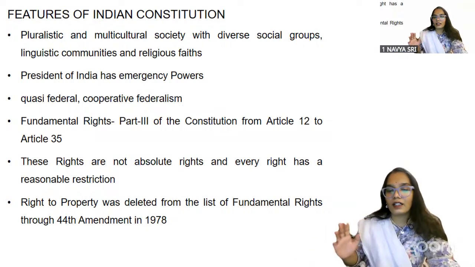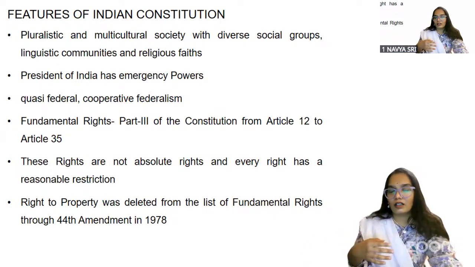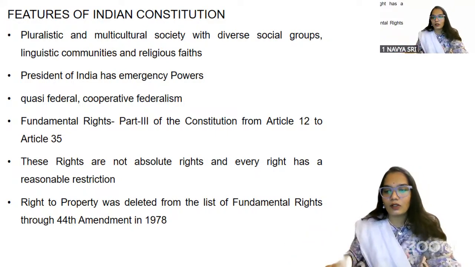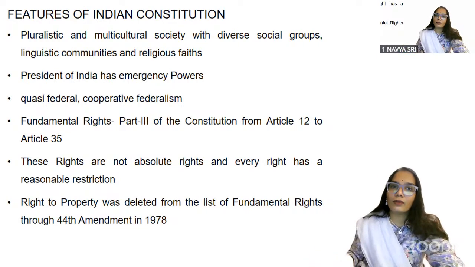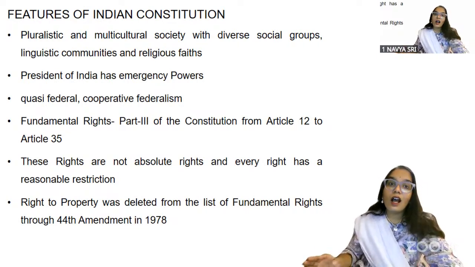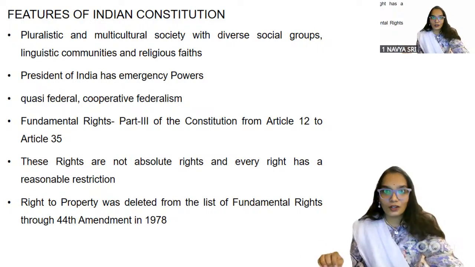So the 42nd and 44th Amendment Acts, you have to read them. Of course, we'll be reading them in the coming lectures, but if you have time, please go through the 42nd and 44th. You'll understand how enormous changes have been made.